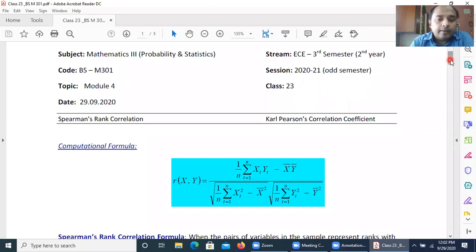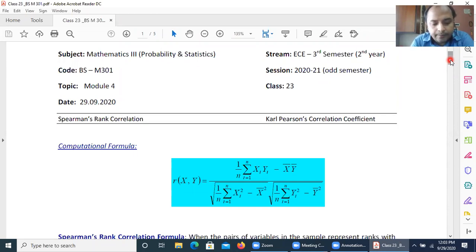Okay. The basic difference between Karl Pearson's correlation coefficient and Spearman's rank correlation coefficient is, in Karl Pearson's correlation coefficient, when we calculate that, we actually need a bivariate distribution where the two variables capital X and capital Y are different.